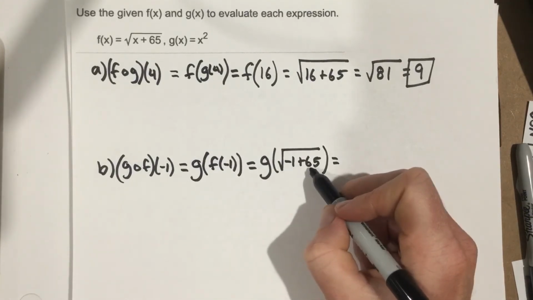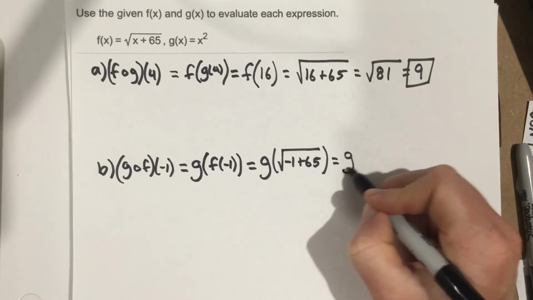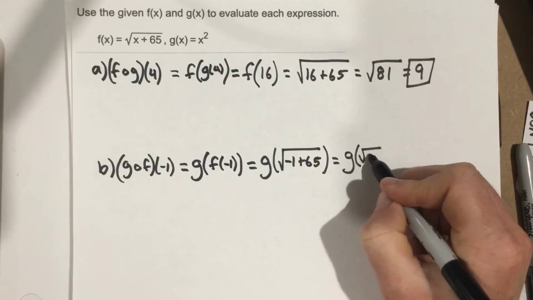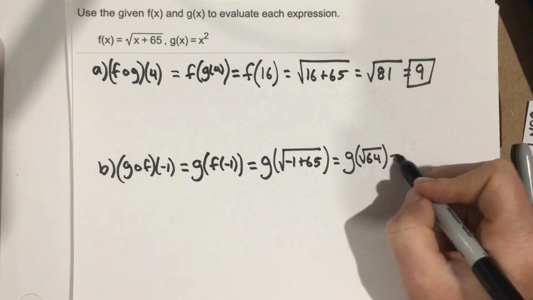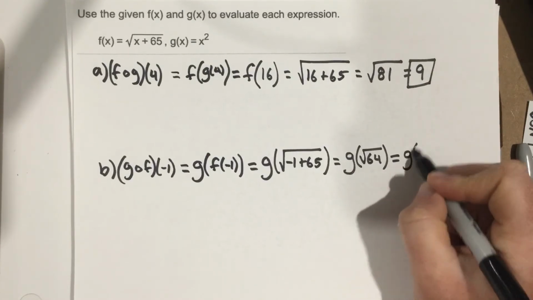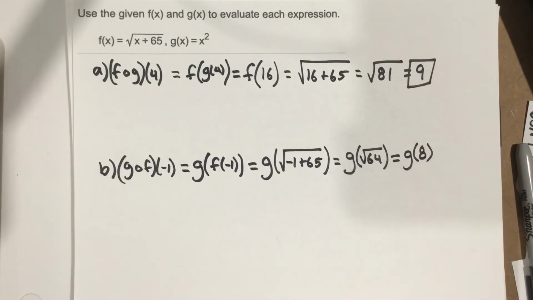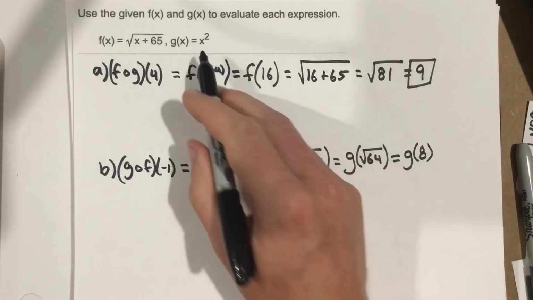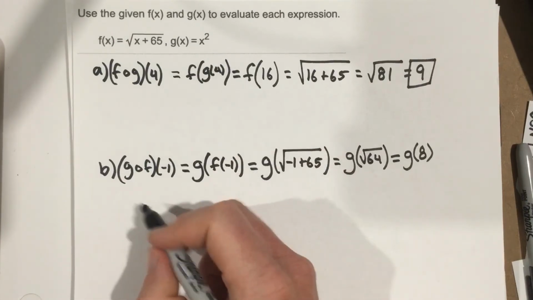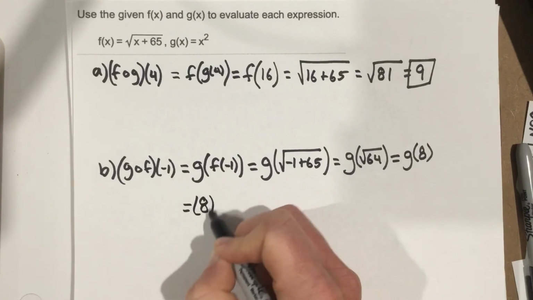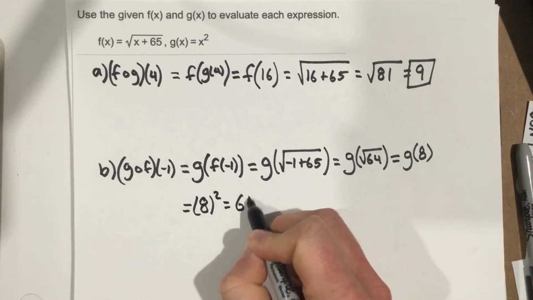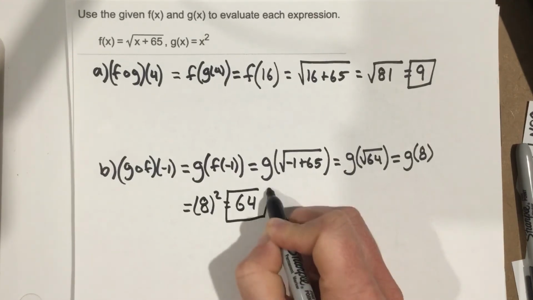Negative 1 plus 65 is 64, and so now it's g of root 64, which the root of 64 is 8, so I have now g of 8. And then now I plug that into the g function, which means I'm going to get 8 squared, which is 64 for an answer.